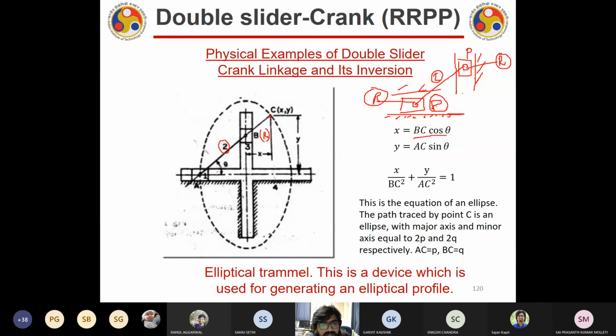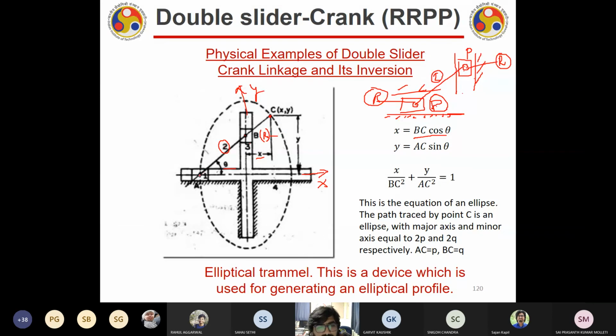I am talking about at an angle theta. This arrangement we are seeing at a time t when this link is making an angle theta from the x-axis. So this is the x-axis, and this is the y-axis. Assume that. So if this is angle theta, then this distance BC cos theta will be the x component, and BC sin theta will be its y component.